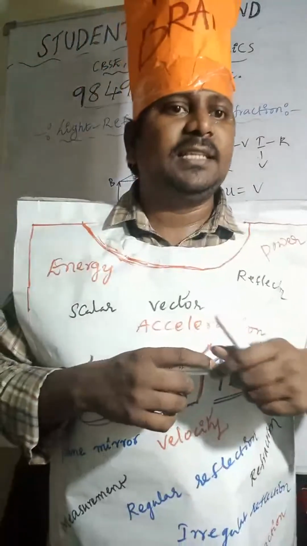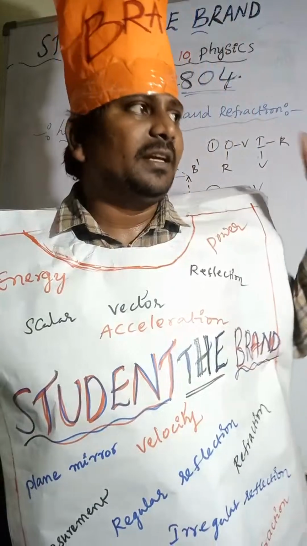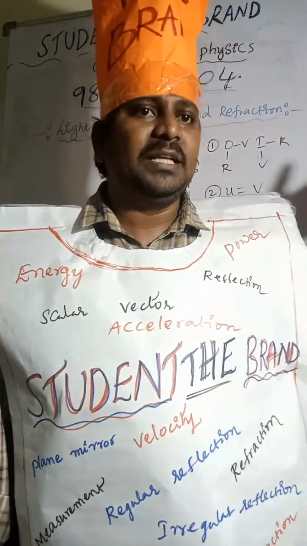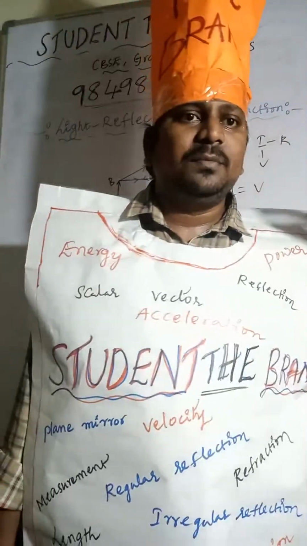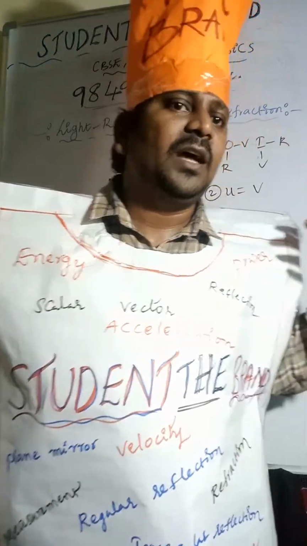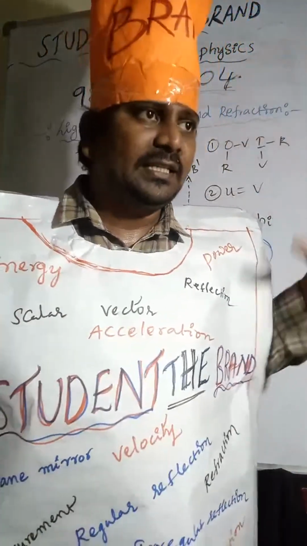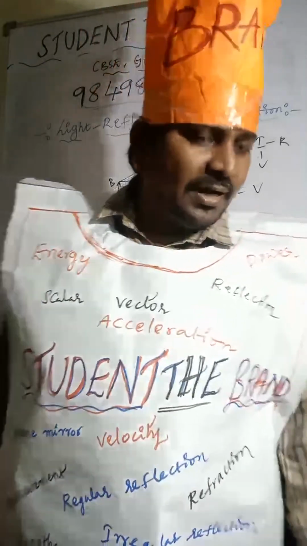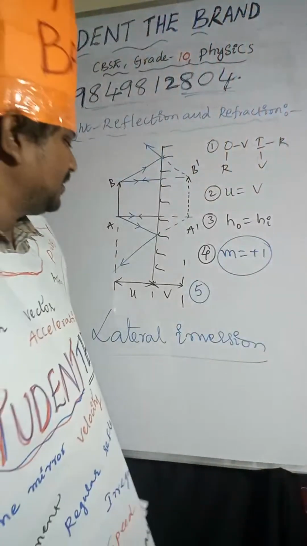Lateral inversion is the phenomenon in which the right side of the object appears to be the left side of the image, and the left side of the object appears to be the right side of the image. This mirror image is called lateral inversion. I hope it is very clear, right?